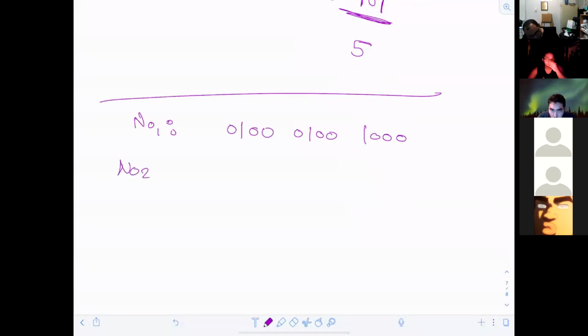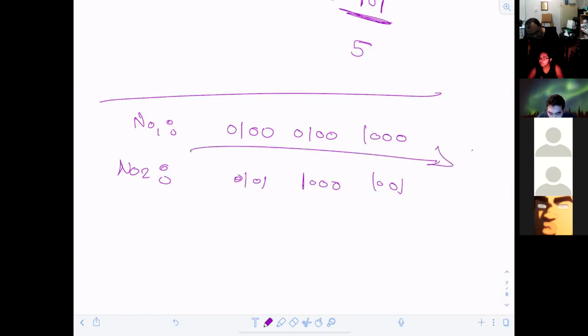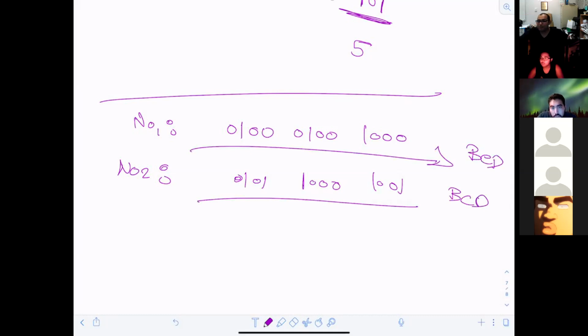Number 2, the value of it is physically 1 0 0 1, then 1 0 1 0. Basically, what I'm saying is I want to consider the BCD of this value to be added to the BCD of this value. So I have binaries here and I want them to be BCDs, and I add them to each other. That's two parts of the question.